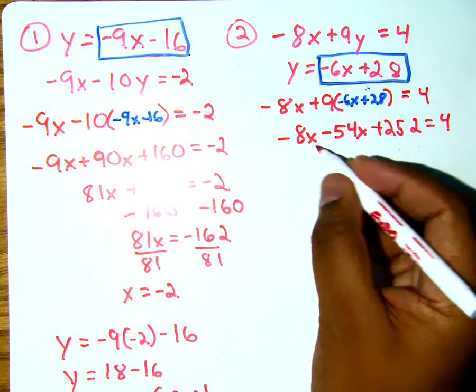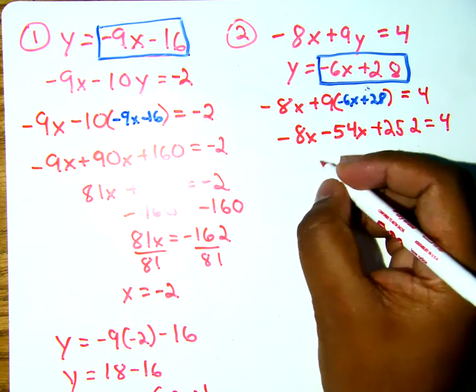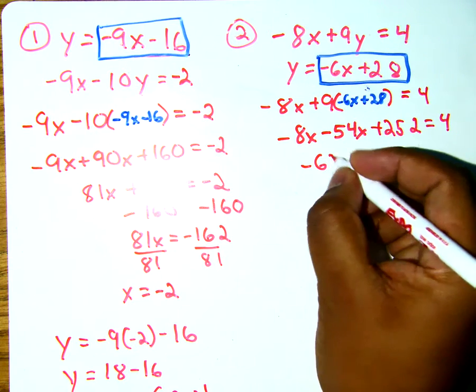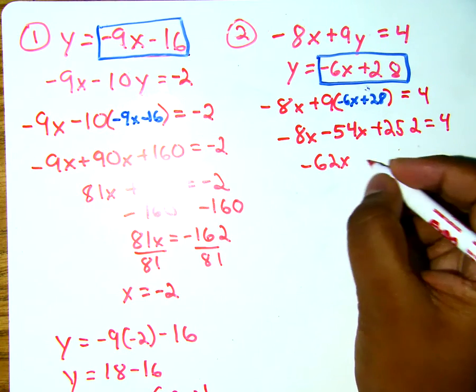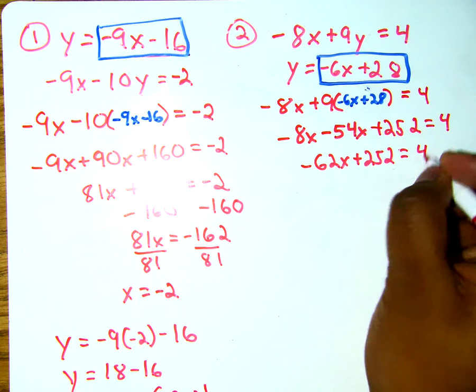Okay, I'm going to combine these like terms. And the negative 8 and the negative 54 is going to give me negative 62x plus 252 is equal to 4.